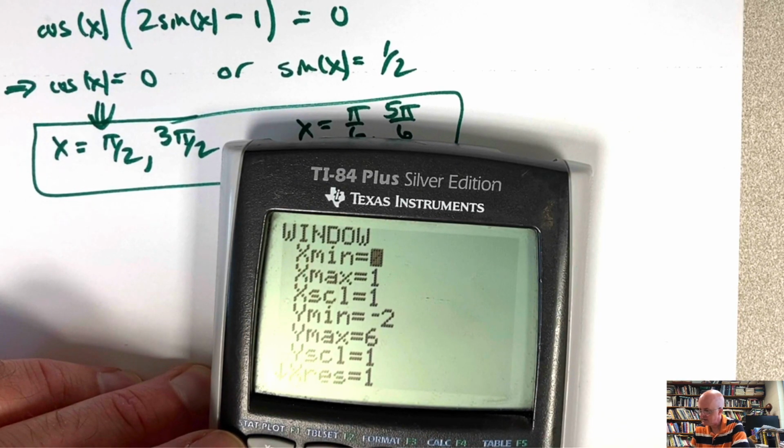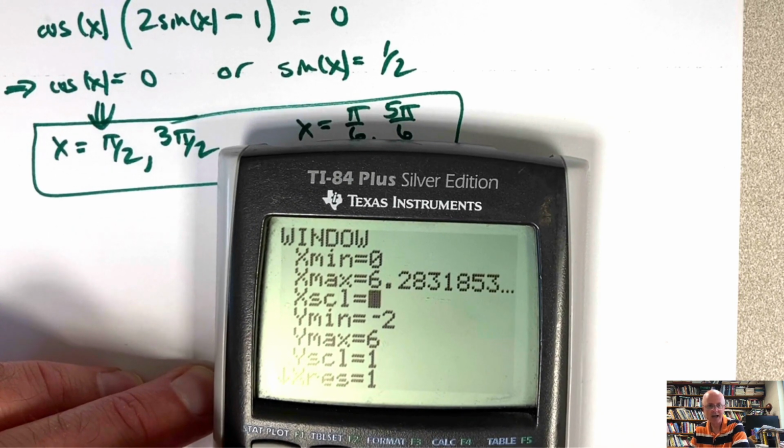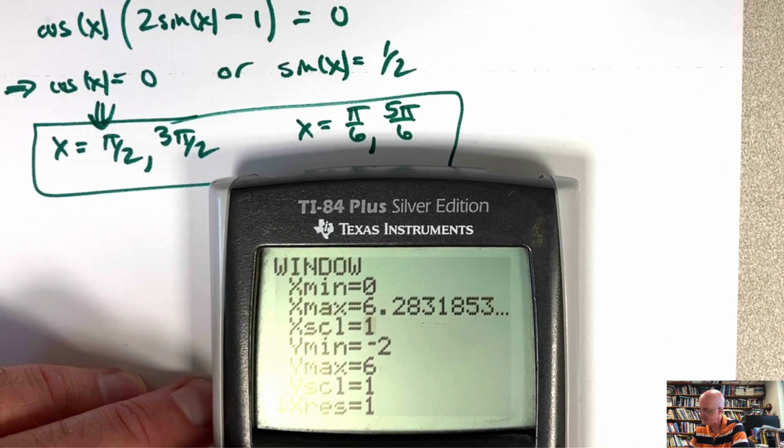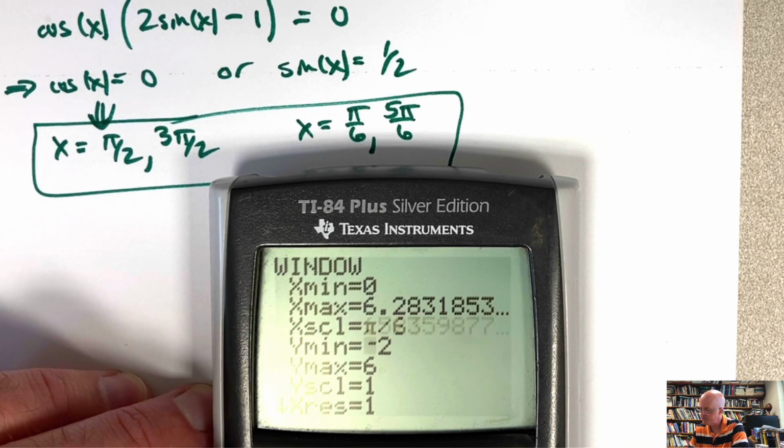Window 0 to 2 pi. Let's make the tick marks on the x-axis pi over 6 units apart. In the y direction, the amplitude is 1, so -1 to 1 is fine.